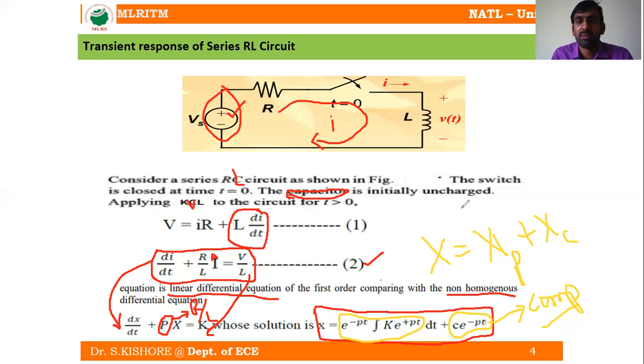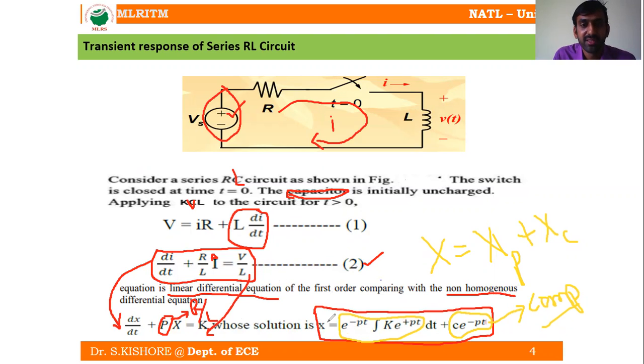This is the format of the solution for the general form of the first order non-homogeneous linear differential equation. Now we need to obtain the solution for I, from equation number 2, by comparing with the general form.